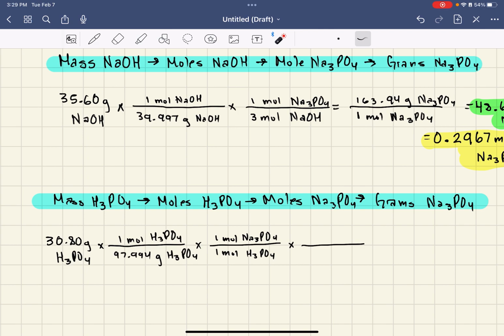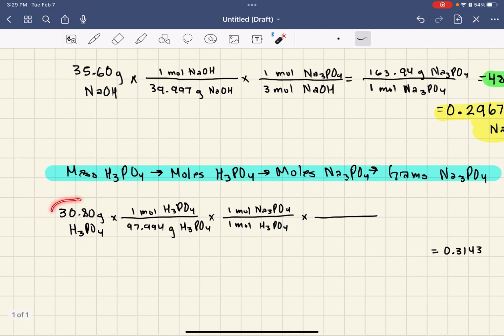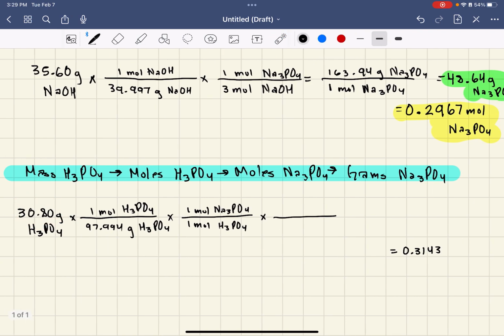So that will be 0.3143. All right, let's write that down so we have it noted. Equals 0.3143. And again, we have to respect the number of sig figs here so that we can get our proper calculations.